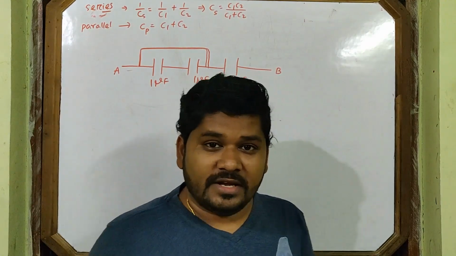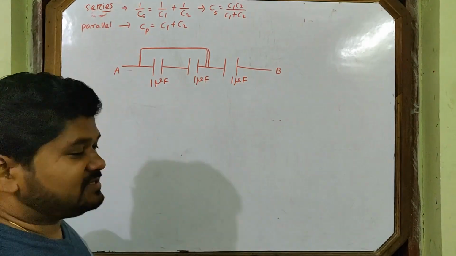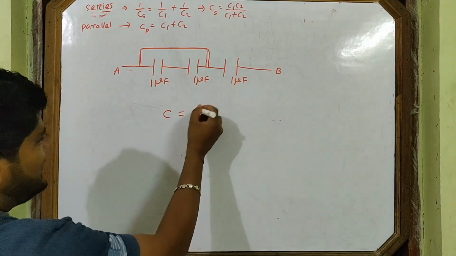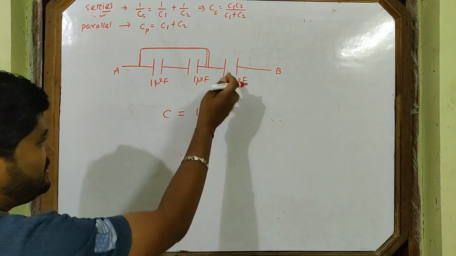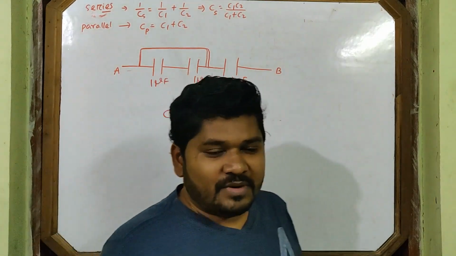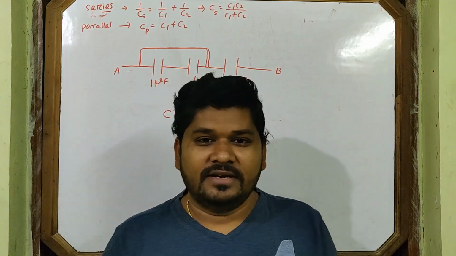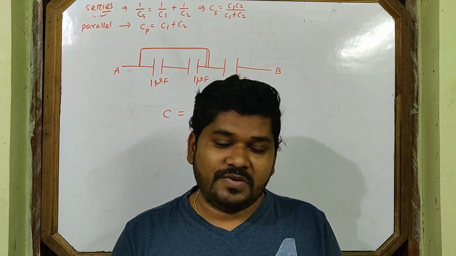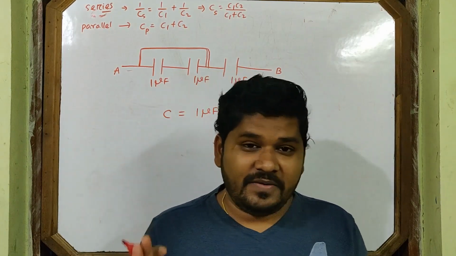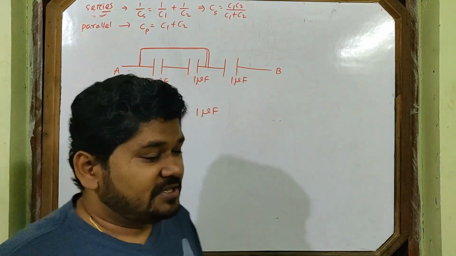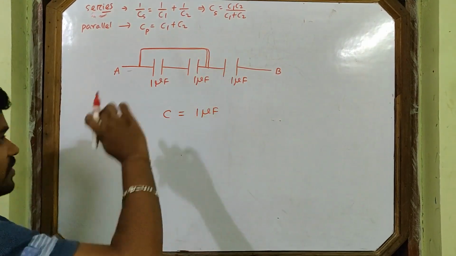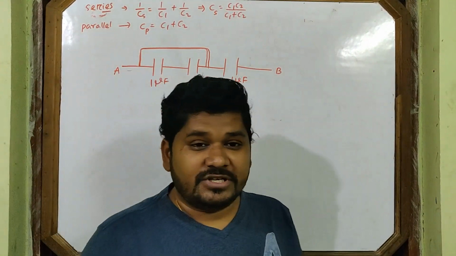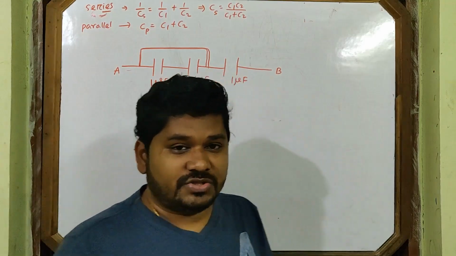Need not worry. Now what is the total capacitance? It's very simple. Direct answer 1 microfarad, because only one capacitor remains. So that is 1 microfarad. If this type of concept comes anywhere, where one wire goes like this, then that portion of capacitors becomes short.